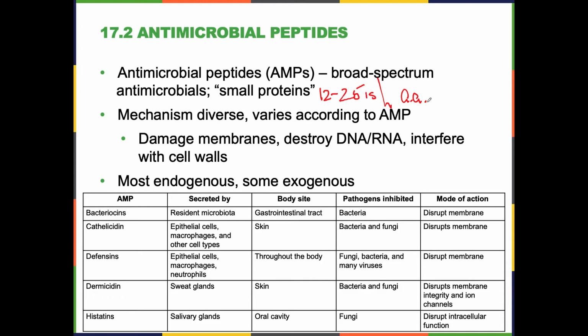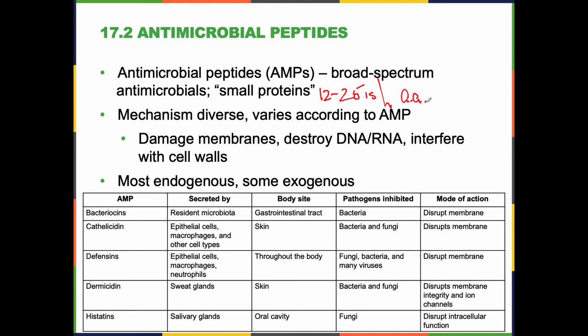We can actually synthesize them quite easily in the lab, and these are an interesting avenue for next generation antimicrobials, right? Because we can synthesize them, and because they're so small, we can modify them quite readily. And to be honest, we can make random 15 amino acid peptides, and then just see what happens, right?